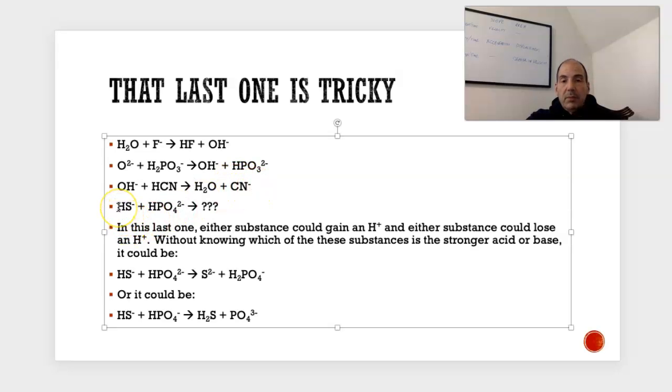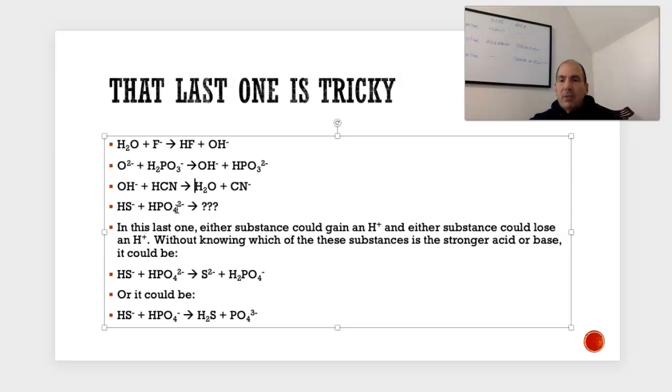Now the fourth example, that is really tricky, as it says up top there. Okay, we have 2 negative ions. How do you know which way it goes? Okay, well, to be honest, if you picked either of these answers right now, that's fine, as long as you decided one of them had to give a hydrogen and went with it.